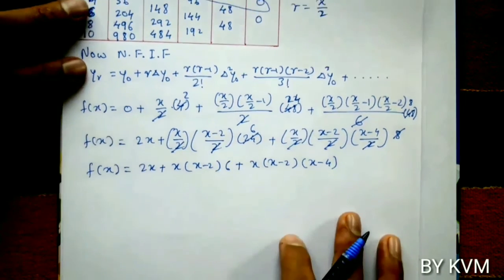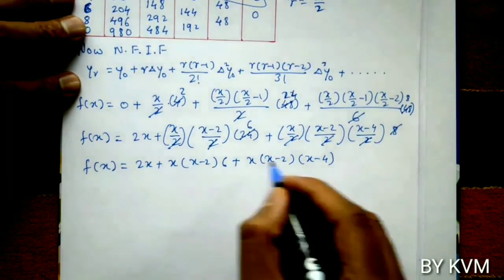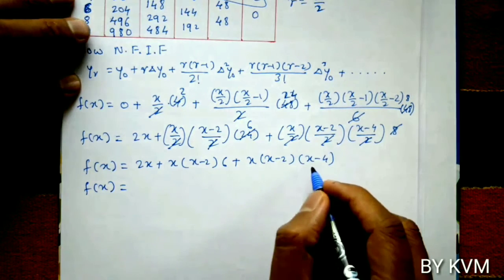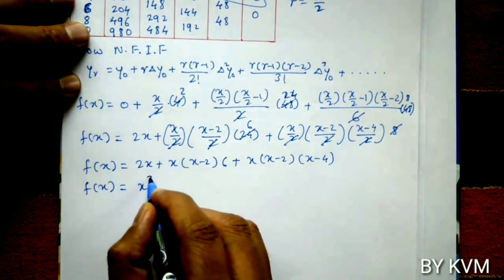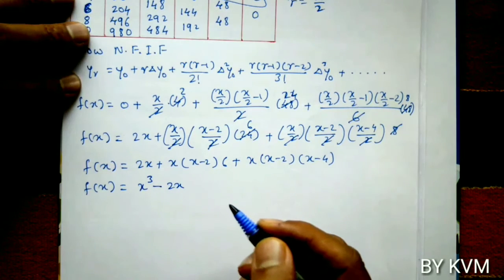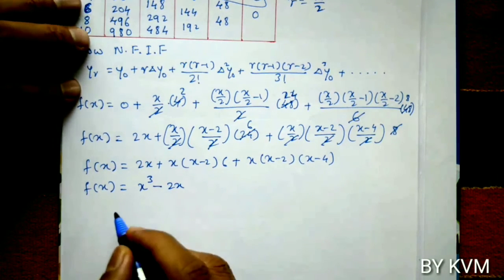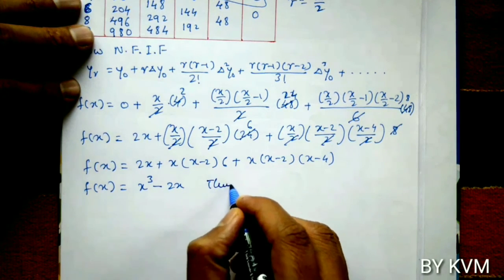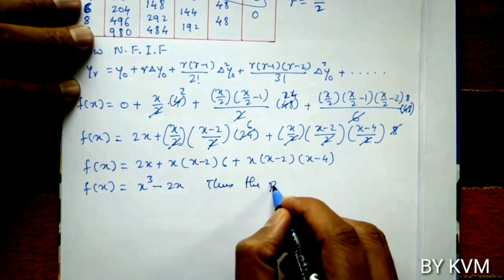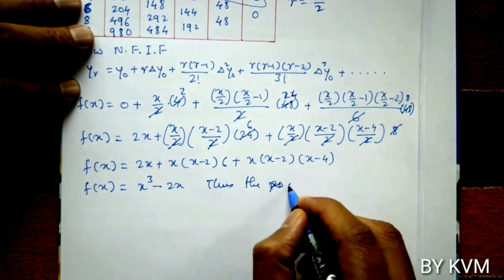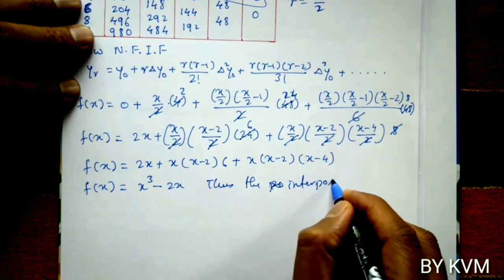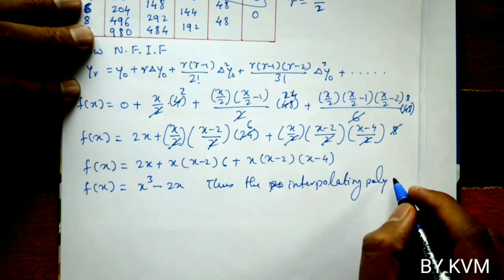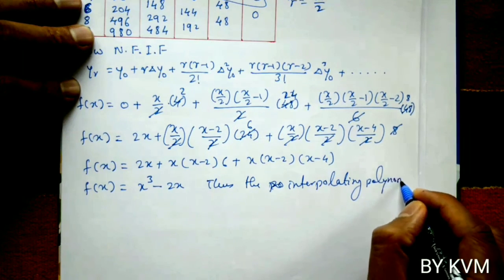Now simplify the equation further. After simplifying you will get x cube minus 2x. This is the polynomial which contains only terms of x, so it is a polynomial in x. Since x cube minus 2x has highest degree 3, it is a cubic equation. So this is the interpolating polynomial for the given data.